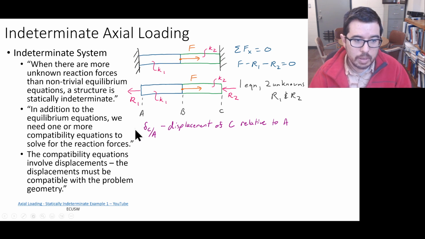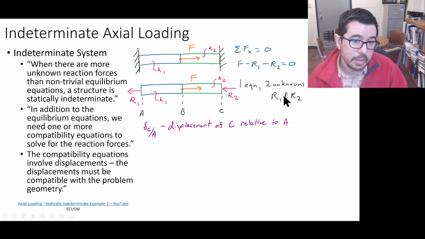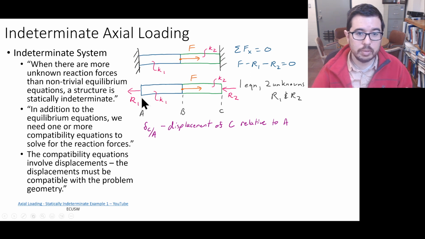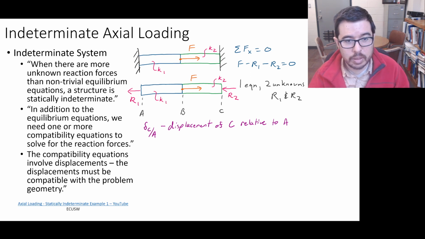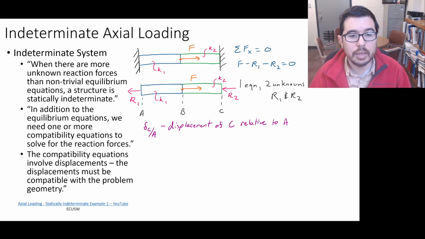So if we think about delta C/A, if C moves to the right versus A, that would be a positive relative displacement. If this is in compression, and C and A get closer to each other, that would be negative.